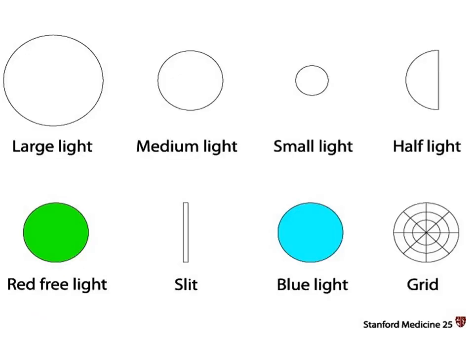Now, these are the diagrams of various types of aperture, and every aperture has an importance while examining various types of patients. It may be large, medium, small, half, red free light, slit, blue light, or green.